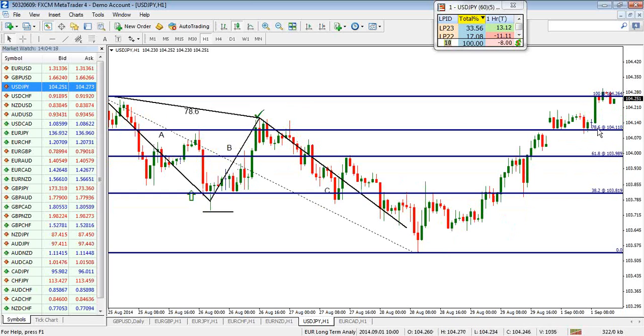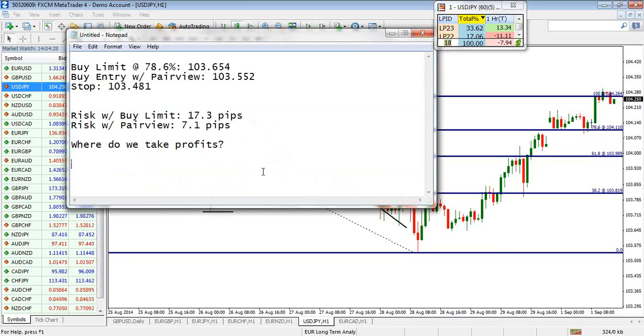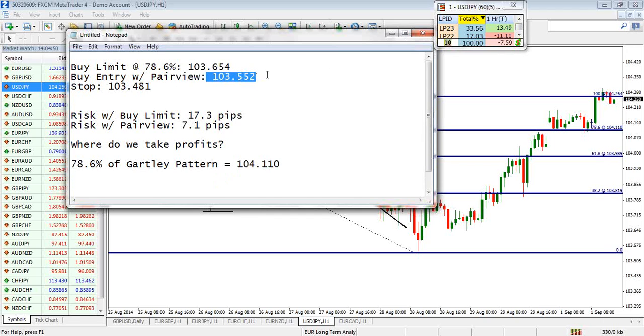This is called meat trading because the 78.6% retracement of the Gartley itself right here is at 104.110. That means you could have either risked 7.1 pips or 17.3 pips, depending on what your entry was.